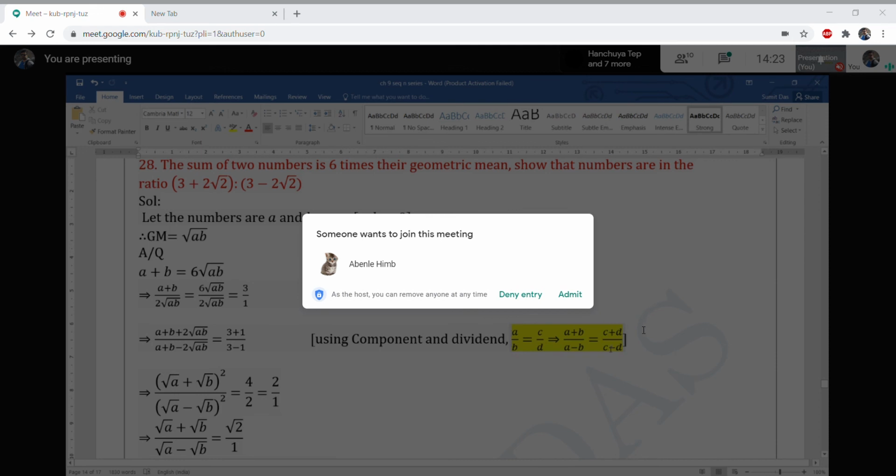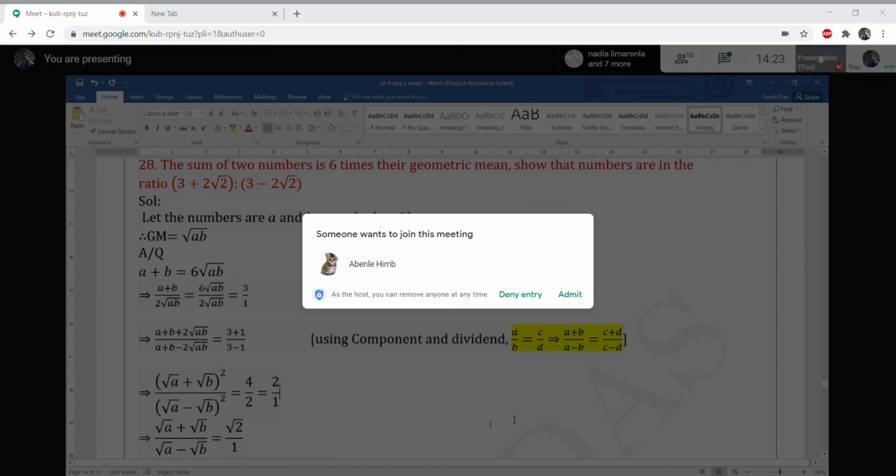So we applied the componendo dividendo method here. If it was a plus b divided by 2 square root of ab, we just wrote a plus b plus 2 square root of ab divided by a plus b minus 2 square root of ab. This is called componendo dividendo. So it will be 3 plus 1 divided by 3 minus 1.